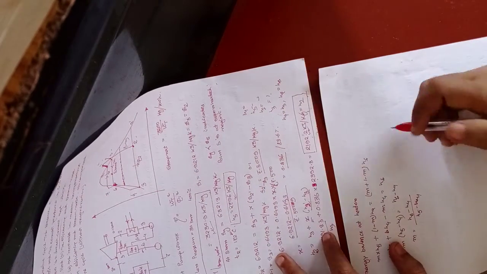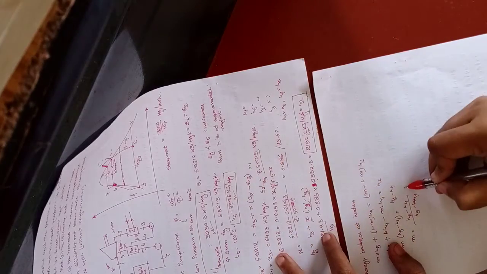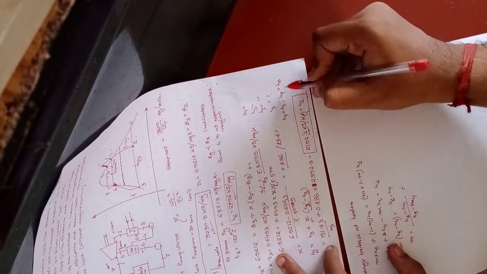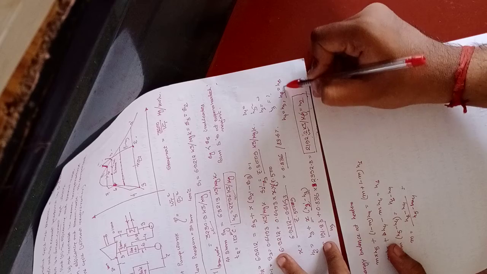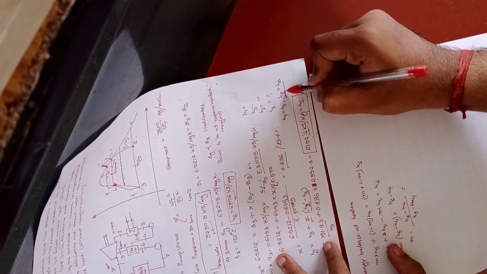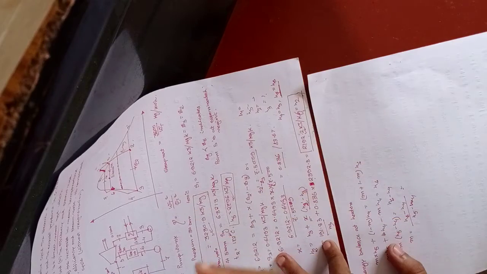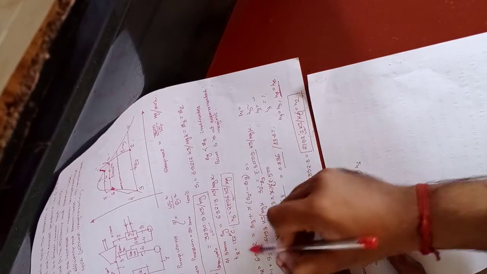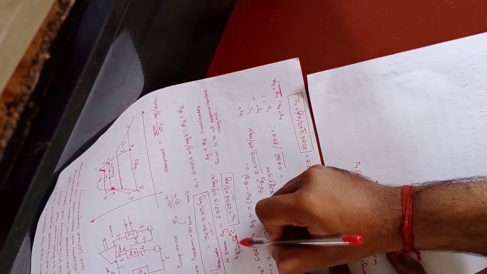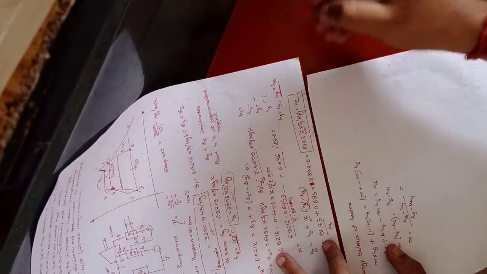Now we have H6. What is H6? H6 is same as H7, and this H6 we will get from the steam table, because we have the saturated temperature at 5 bar as 172 degree centigrade.